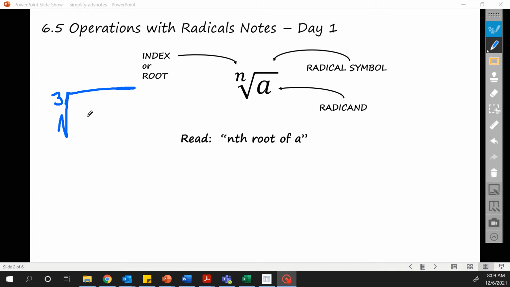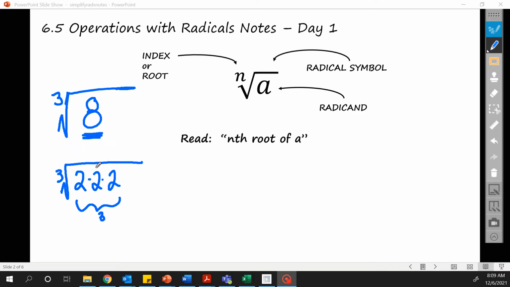So for instance, when you're taking the cubed root of 8, well, the cubed root of 8 is 2 because the number 8 is made up of 3 of the same factor: 2, 2, and 2. There's 3 factors of 2 that make up the number 8. So that would mean that the cubed root of 8 is equal to 2.